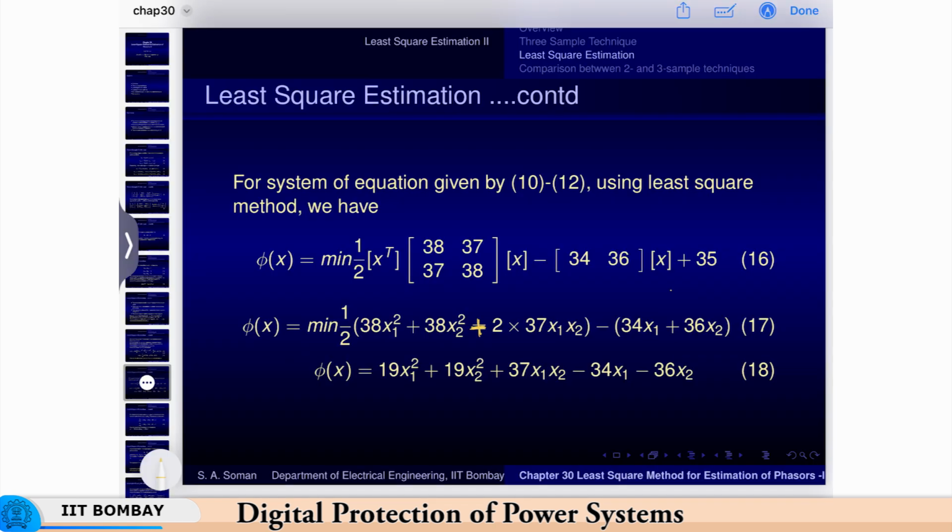So, to find the minimum, what do we do? We will differentiate. Of course, we have just expanded this. X transpose is x1, x2, and x is of course x1, x2. Then we have expanded this, and this is what phi x looks like. To find the minimum, we will first differentiate phi x with respect to x1 and set it to 0, and then differentiate phi x with respect to x2 and set it to 0.